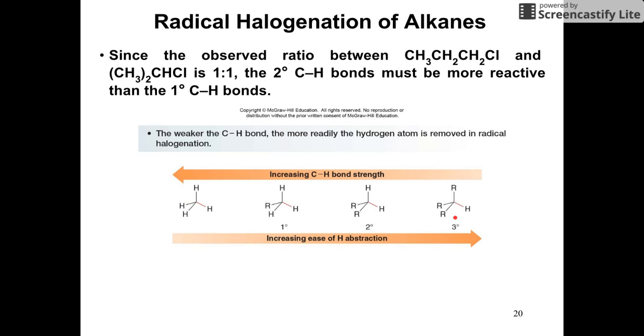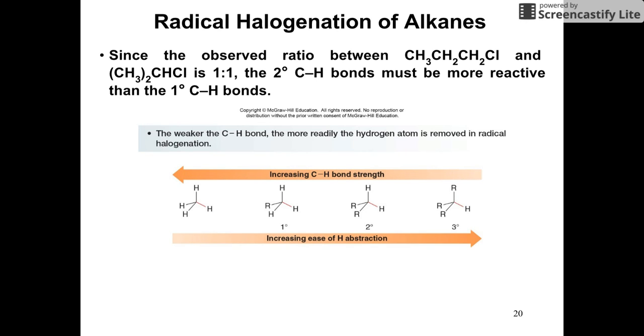And so here's just a description here. Since the observed ratio is 1-to-1, the secondary carbon hydrogens have to be more reactive so that they form more quickly. And again, you overall get a ratio of 1-to-1. And again, this is just showing in terms of increasing carbon-hydrogen bond strength and how that is inversely related to the ease of hydrogen abstraction.